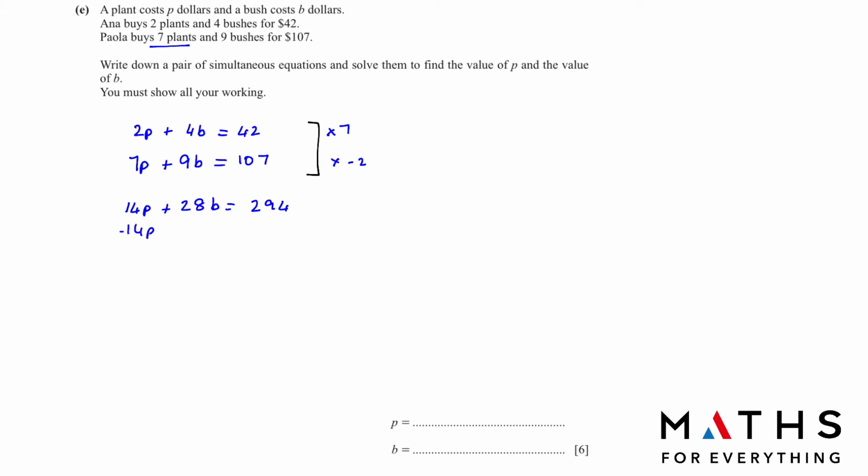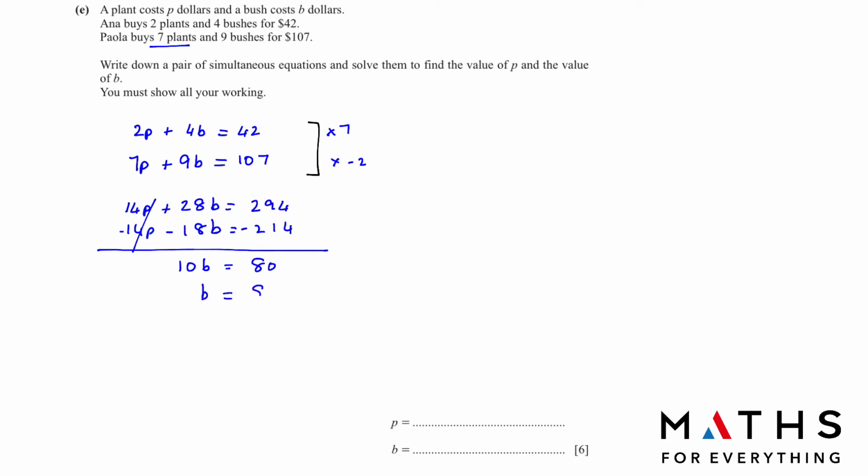Be careful with the sign. 9 multiplied by negative 2 is negative 18b, and 107 multiplied by negative 2 is negative 214. Now we just have to add them together. 14 minus 14 is 0. 28 minus 18 will give us 10b, and 294 minus 214 will give us 80.